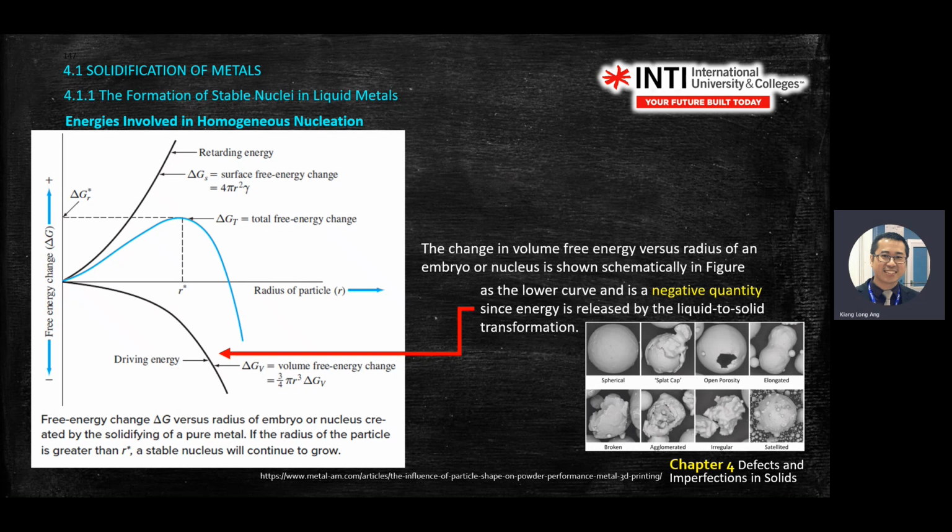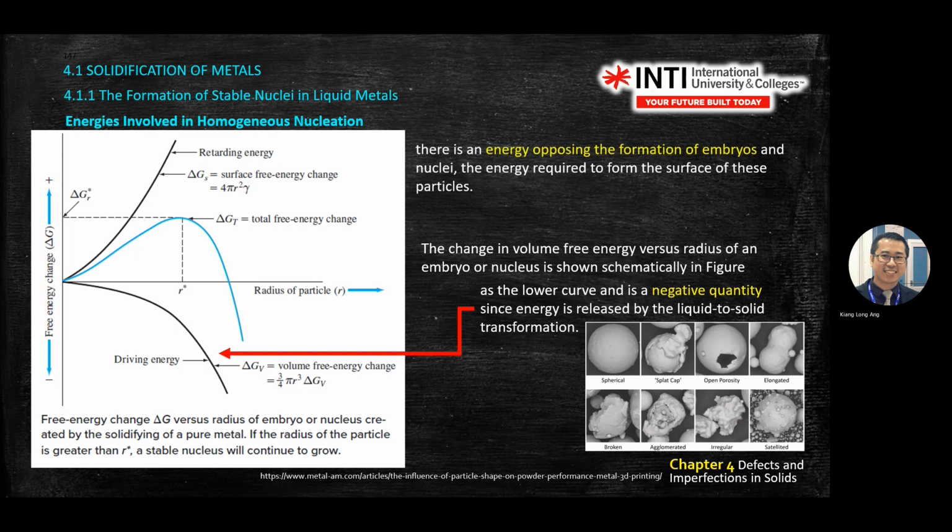So the lower curve is a negative quantity, the upper curve is positive, and so on. You read from the slides.